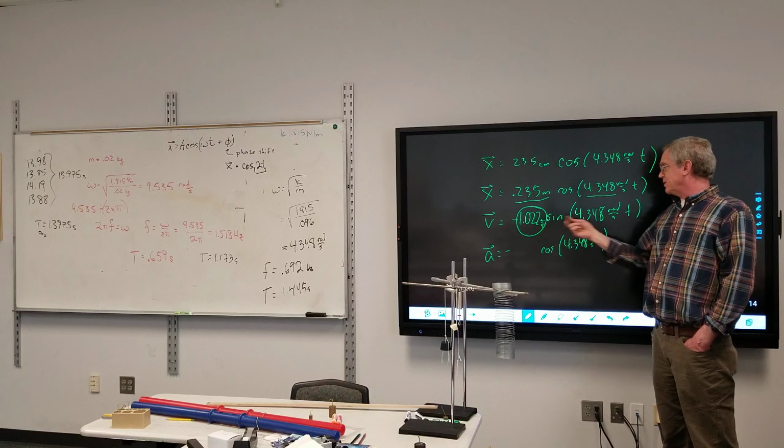My maximum acceleration occurs when I'm at the extremes, when the net force is in balance the most. So if I took my spring constant right there, 1.815 newtons per meter, and when I'm at the extreme, 0.235 meters, because that's my amplitude there. So when I have this up to here, in theory, it's the spring constant times how far I've displaced it.